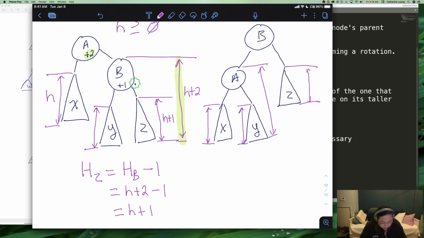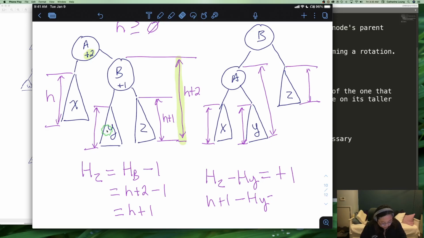Now, what about the height of y then? Well, remember, this plus 1 comes from the fact that we took the height of the right, and then we subtract the height of the left, right? So what we know is that if we took hz and we subtracted hy, what we're going to get is plus 1. Now, we know that hz is little h plus 1, so we can substitute that in.